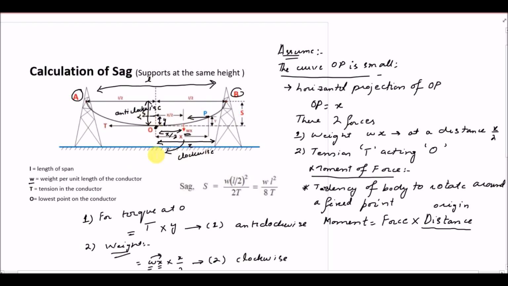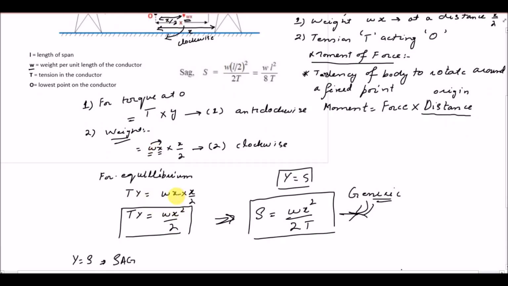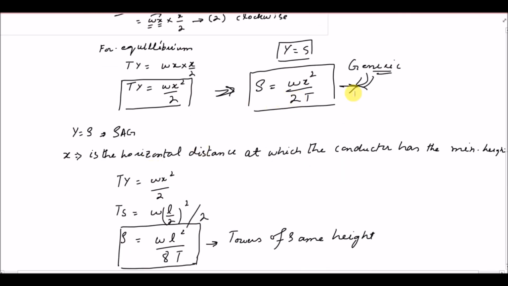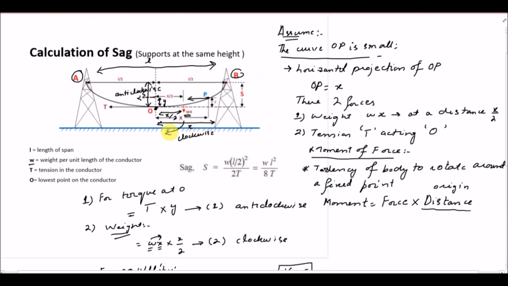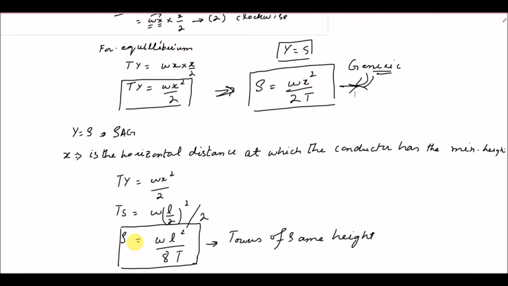To keep the transmission line in equilibrium, we equate them and assume that if they are equal, then the transmission line will be in equilibrium, right? From there we calculated the formula for sag. This one was the generic formula, and for the particular case where the towers have the same height, the sag is WL square over 8T, where W is the weight per unit length, L is the span of the line, and T is the tension.